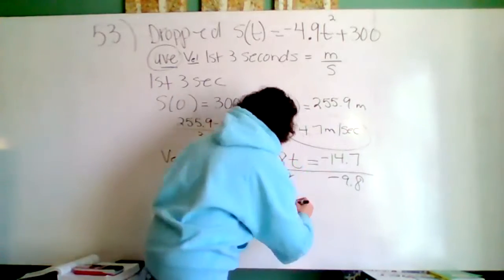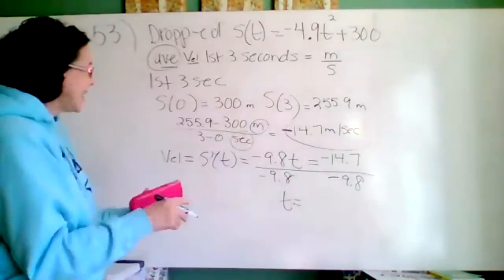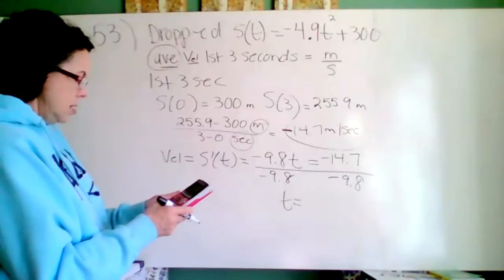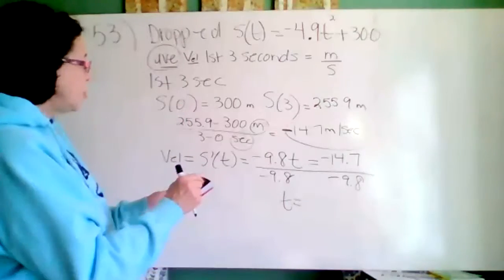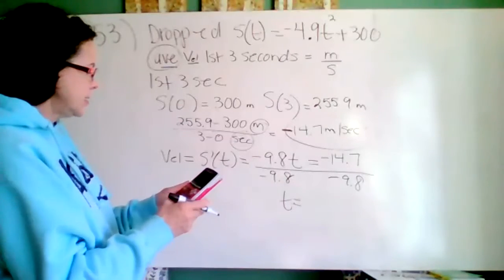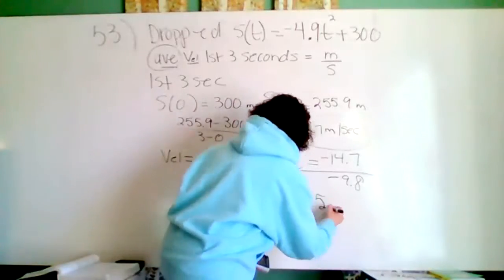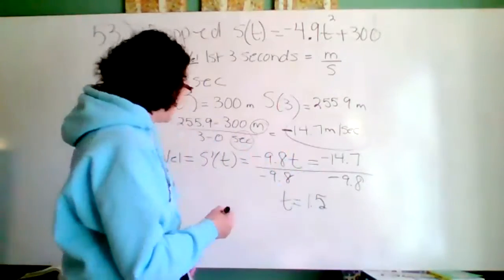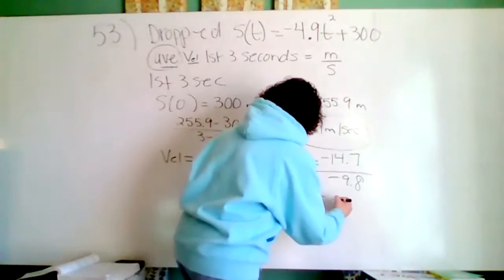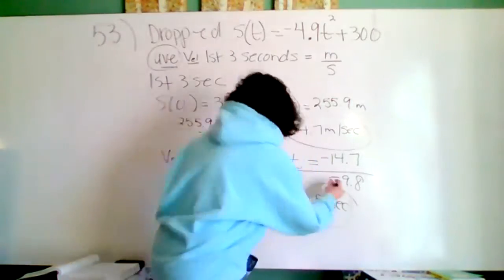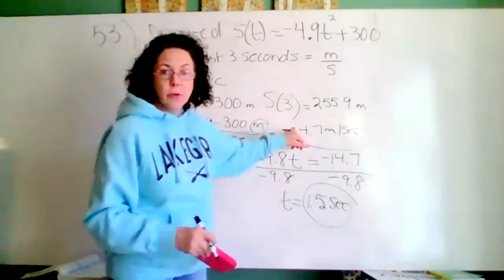And that time when the velocity is exactly negative 14.7 meters per second is 1.5, right in between, which kind of makes sense, right? 1.5 seconds. And of course, it's in between 0 and 3.